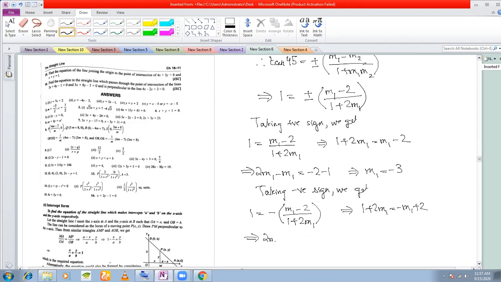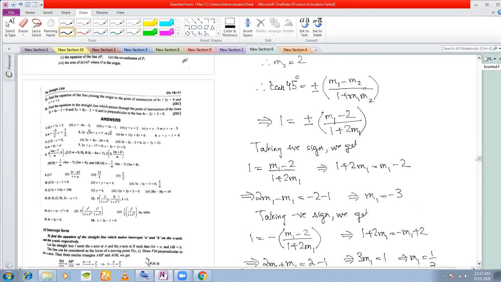So twice m1 plus m1 is equal to 2 minus 1. That means 3m1 is equal to 1, so m1 is 1 by 3. So m1 is equal to minus 3 in the first case and m1 is equal to 1 by 3 in the next case. That means these two slopes will give you two different straight lines.